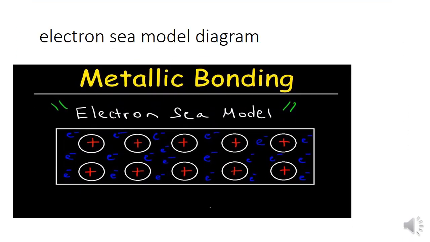According to the picture of the electron sea model diagram, you see we have positive and we have negative.